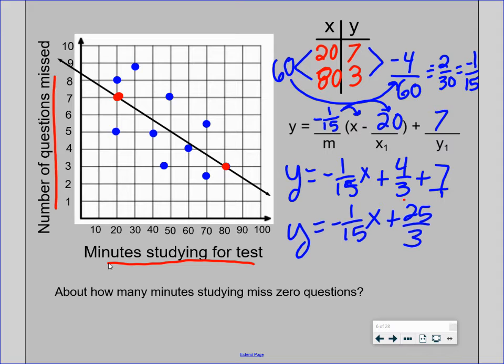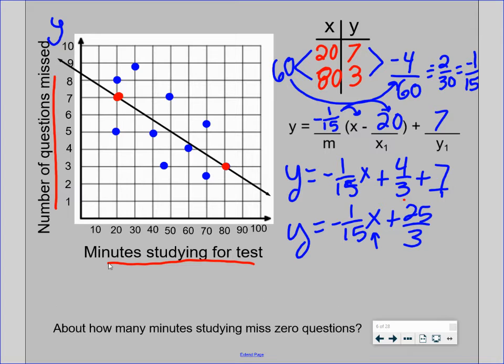So we're trying to figure out this minutes studying. That is our independent variable. That is our x. We're trying to figure out our x. So we want to figure out what x is to miss 0 questions. Well, our 0 questions, that's our dependent. That's our y value.